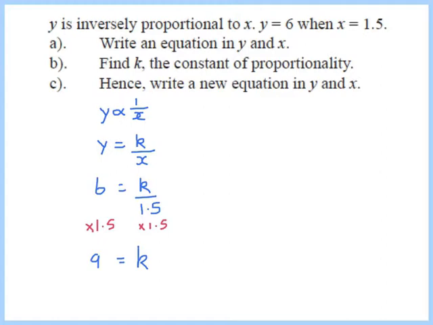I'll say this quite a few times, but I'm obviously not finished here because I haven't actually written a new equation, but I have found the constant of proportionality, and have written a simple equation in y and x because I did that straight away there. So once I've found the constant of proportionality k, I need to go straight back into this point here again and stick it in. So I've got y equals 9 over x, and that's always the relationship between y and x.